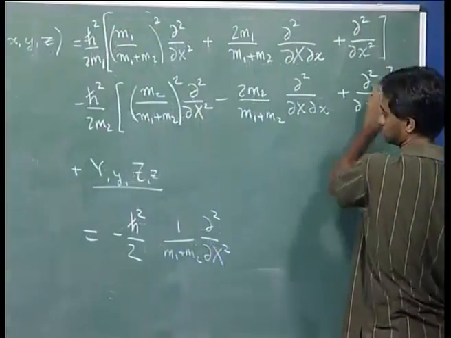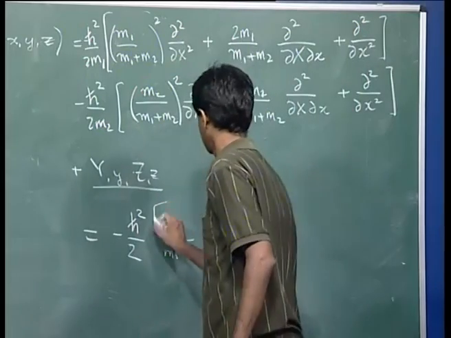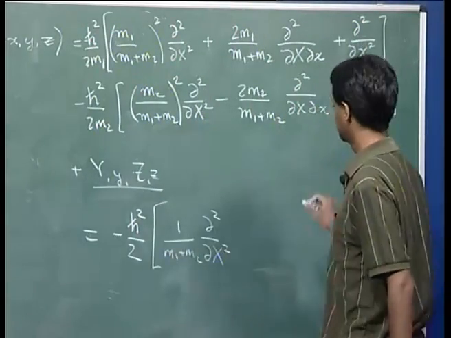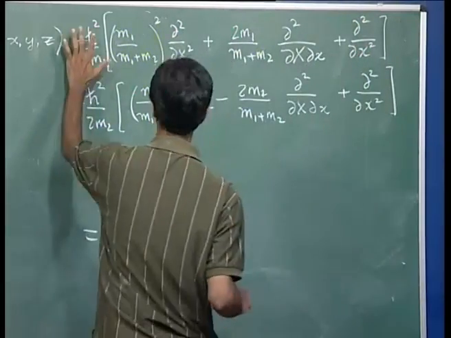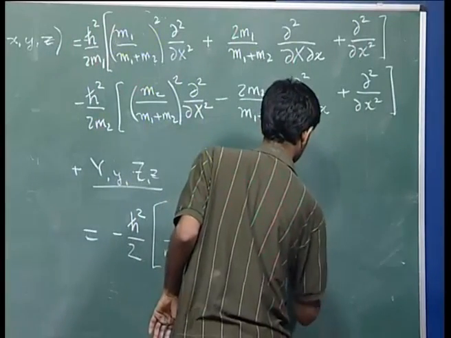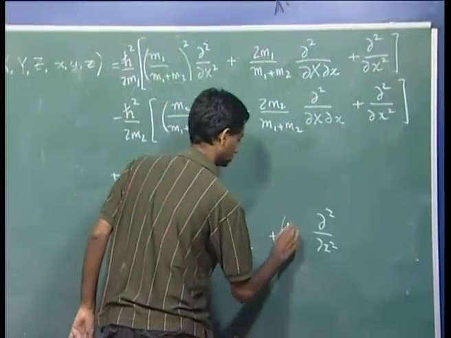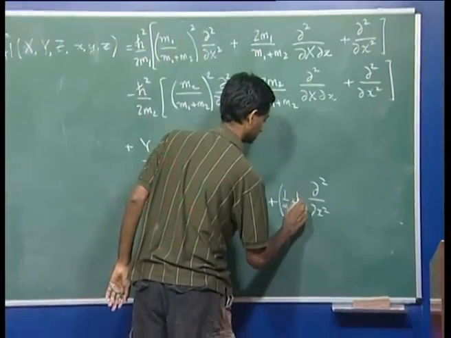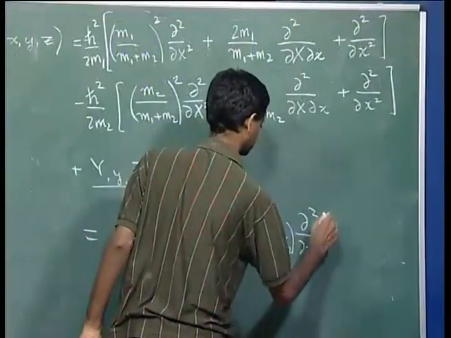And if you take these two terms, they will give you just, so I have d square by dx square, 1 over m1 plus m2.